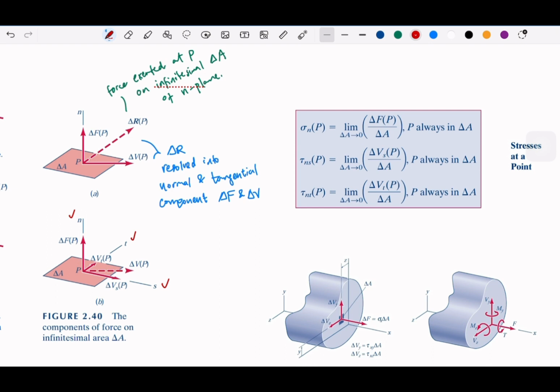And then there is another shear stress, which is NP. This is NP, which is the PT. Okay. So for shear stress, we have the Vs and Vp, for the N plane. Okay, so that's one definition.